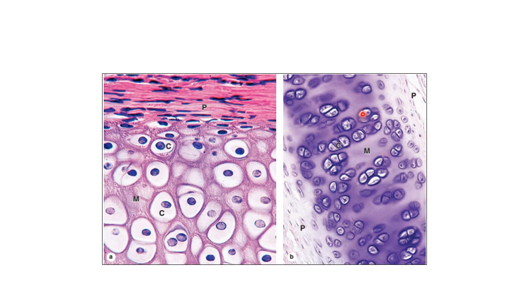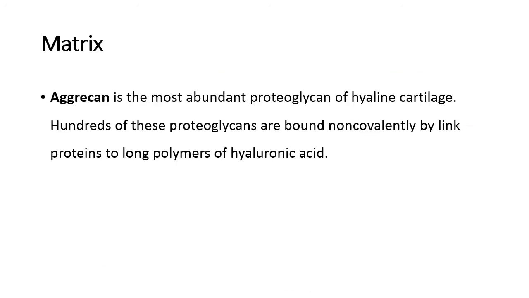On the right side also we see perichondrium, matrix, this region, and we see this aggregation of cells, the chondrocytes. They are found inside lacunae. The matrix also consists of aggrecan, which is the most abundant proteoglycan of hyaline cartilage.